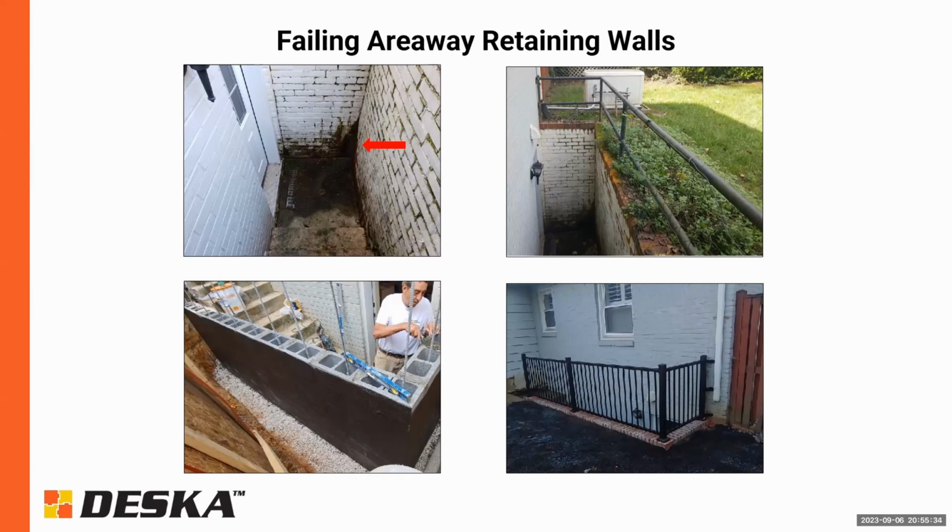So in this case, we replaced it with a reinforced block wall, and you can see that we also installed a railing that meets the code, whereas the old railing, while it may have met the code with that chicken wire on it, is obviously not ideal.